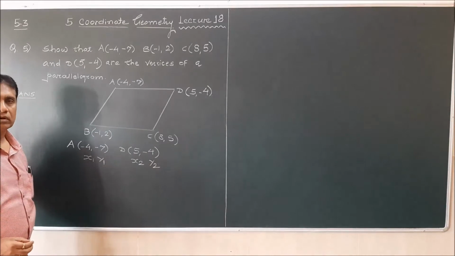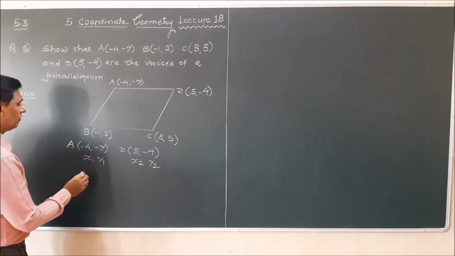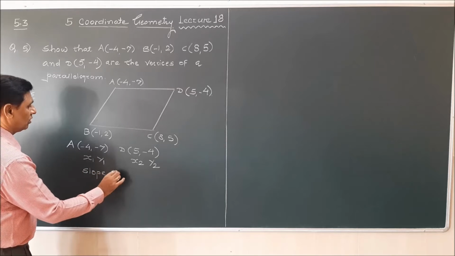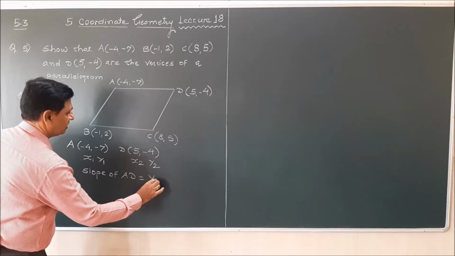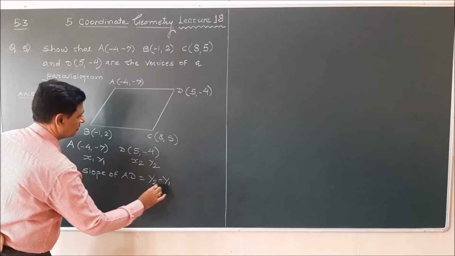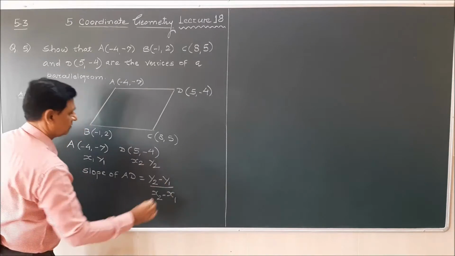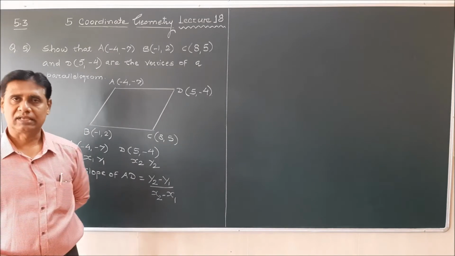After labeling these coordinates as x1 y1, x2 y2, slope of AD is equal to, the formula is y2 minus y1 upon x2 minus x1.